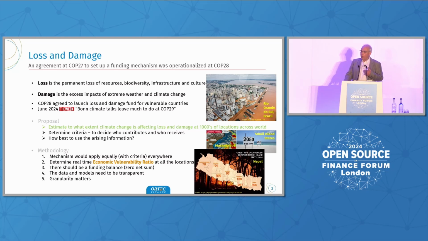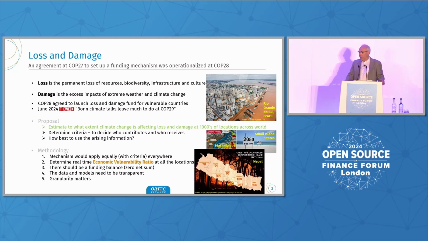And in my role as a specialist in acute physical risk, which means extreme weather events and their modeling, I have begun to look at loss and damage. So what is loss and damage? Loss and damage is at the center of UN discussions on climate change, the so-called COP, or Coalition of the Parties process, and we have recently had COP28 in Dubai, and COP27 was in Egypt.